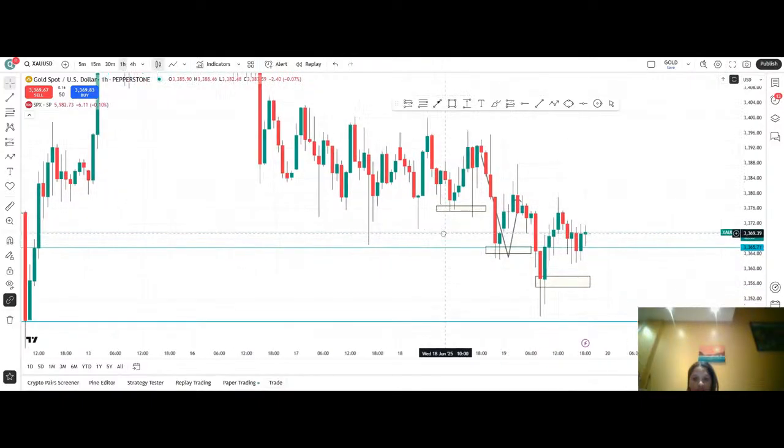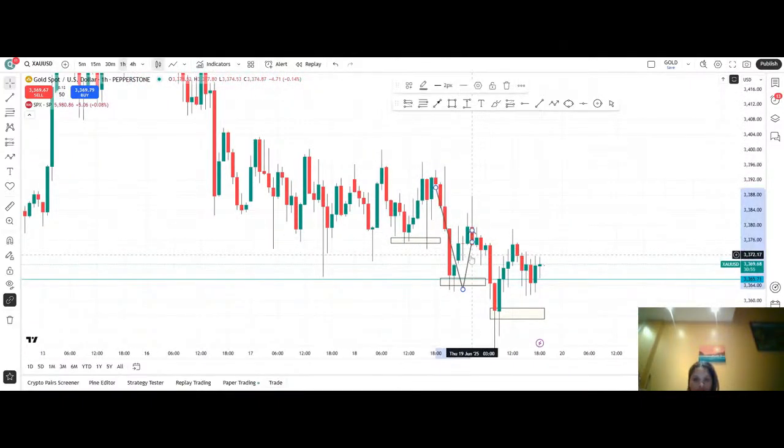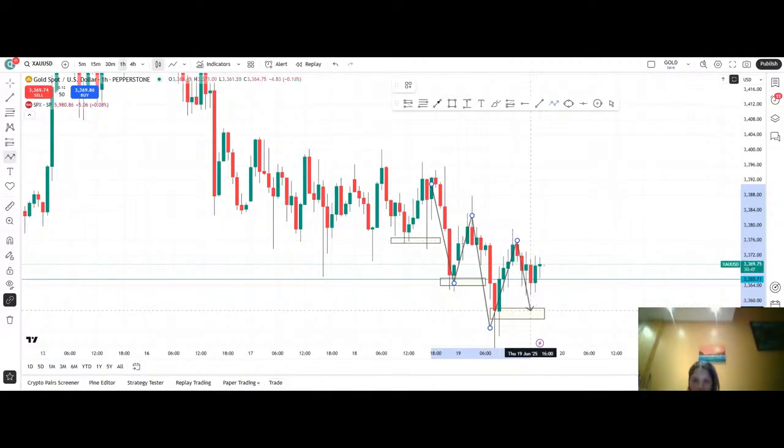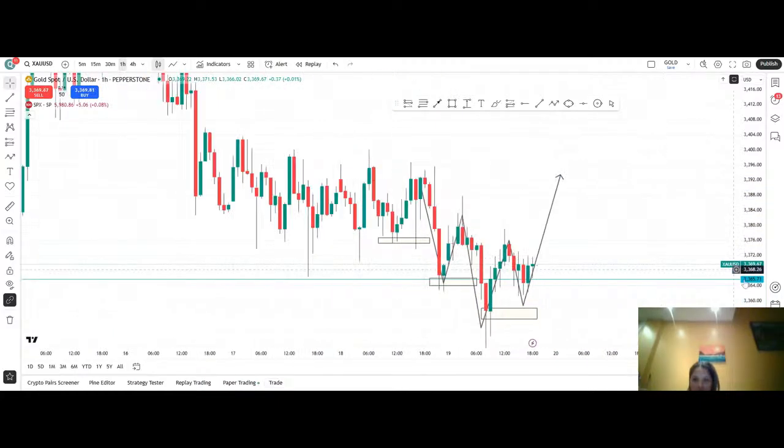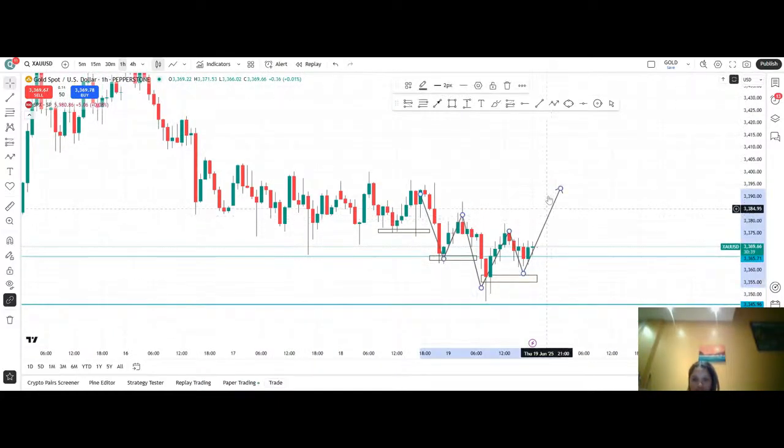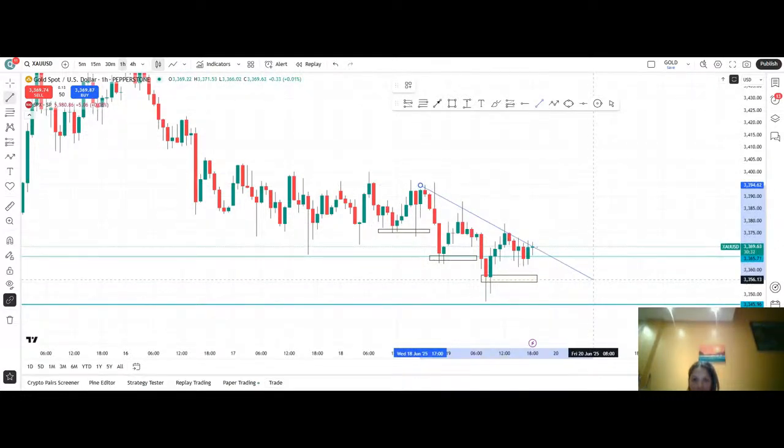A reversal pattern would be coming down, one leg, here's the head, making a shoulder, second leg, and then continue going up. That would not be against the trend.